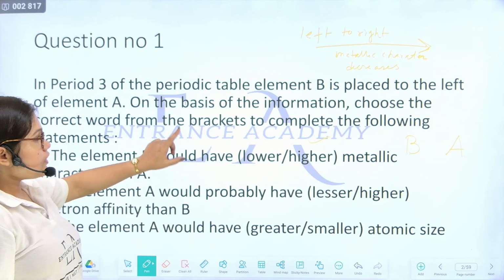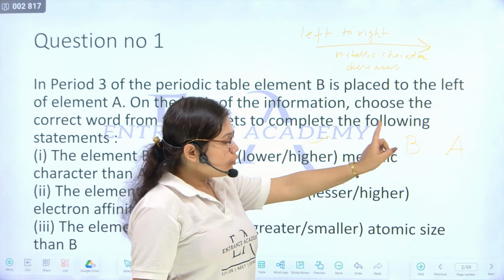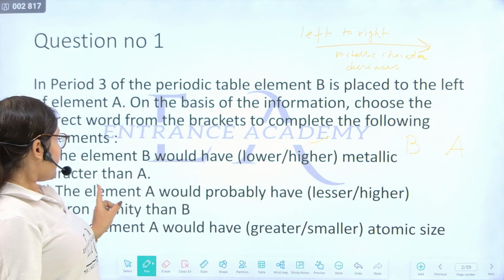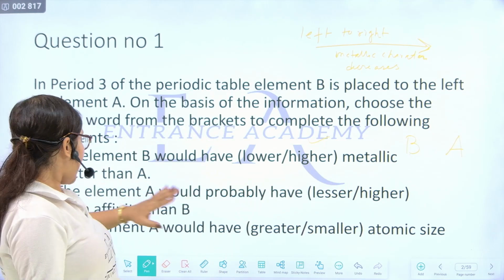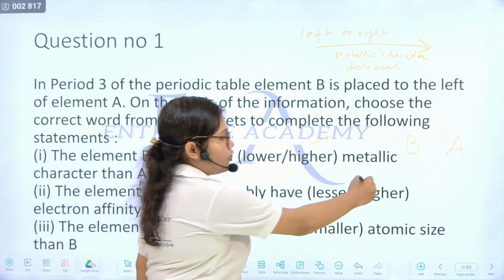In this case, B is placed left to A. That's why the element A would probably have higher electron affinity than B. So this is the answer.